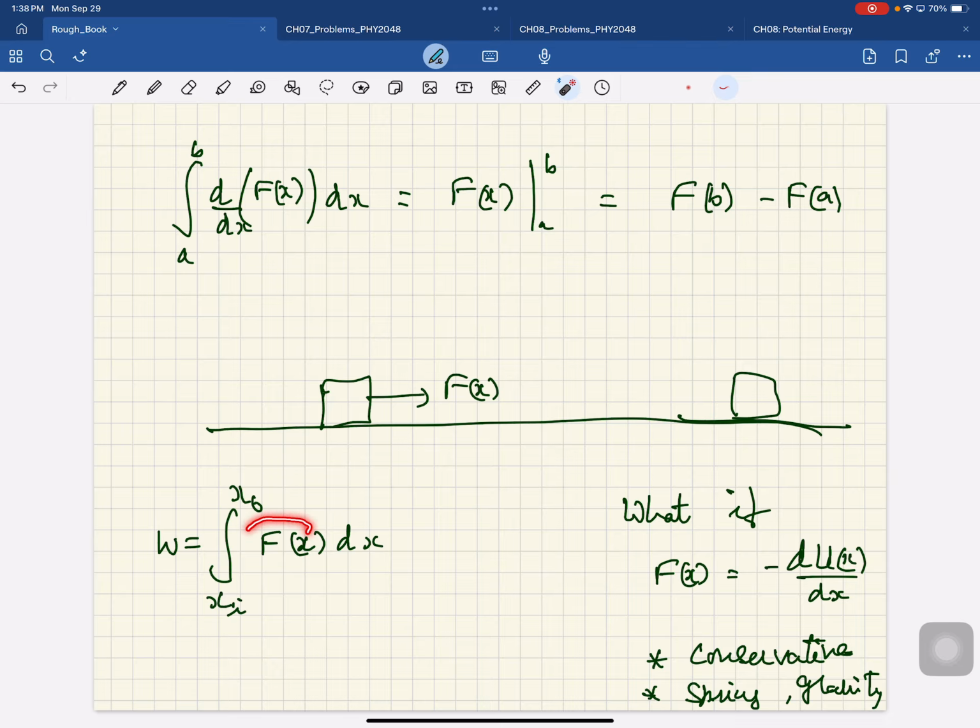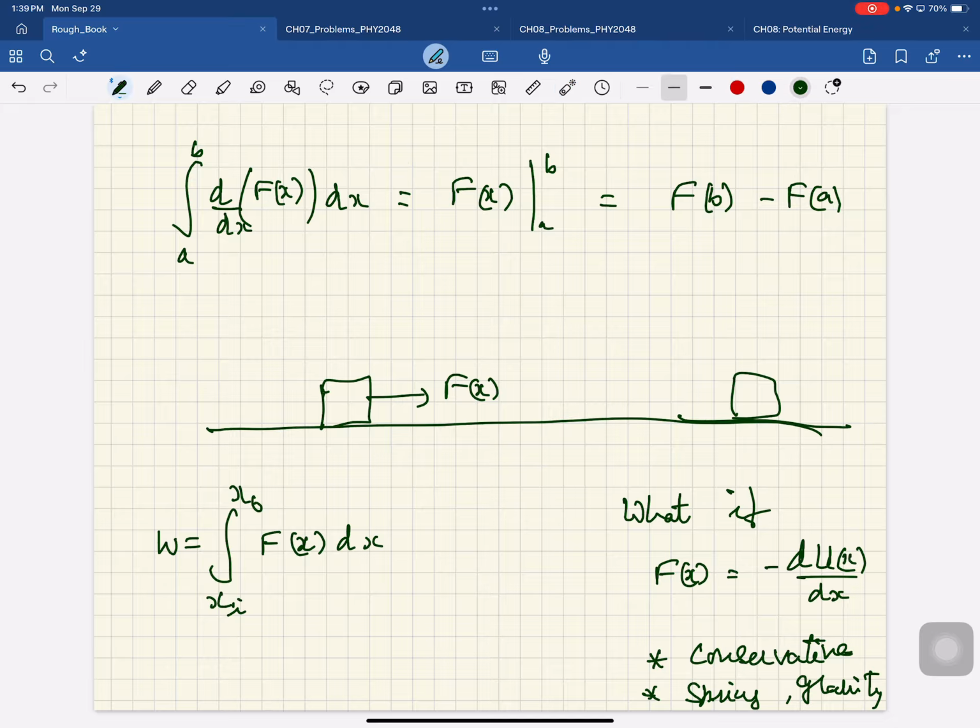Now we're considering the special case if this force is given by the derivative of a function. So is that like a function of work then? So if we integrated that function U of x, we would end up at F(x). Okay, so let's do that.